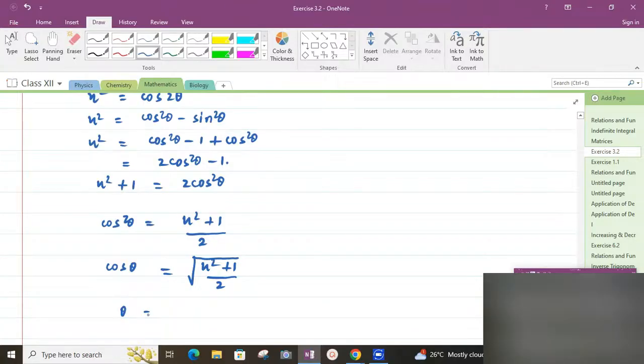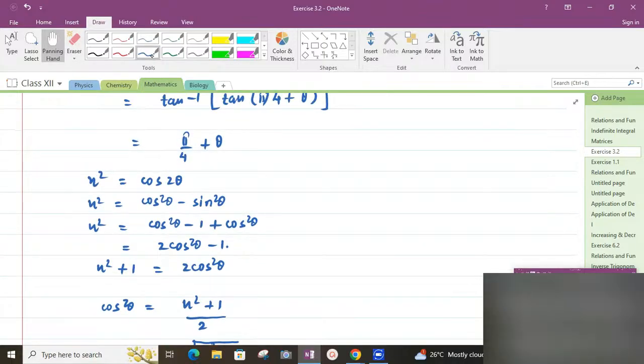Therefore theta equal to cos inverse x square plus 1 by 2 over root. Now we put the value of theta here and we prove this one. There is no problem to understand the explanation of this one.